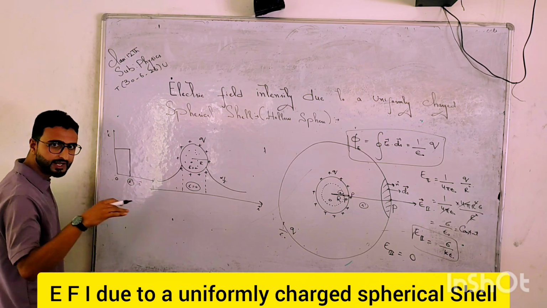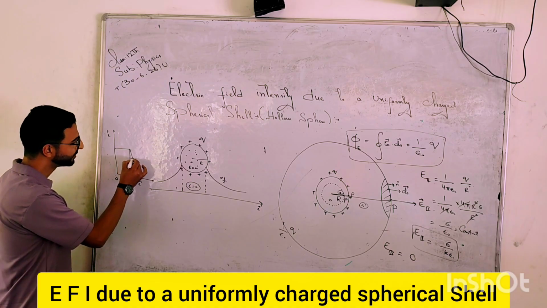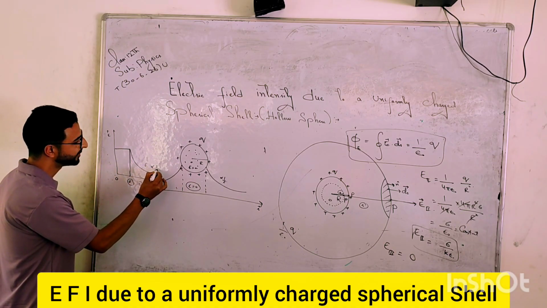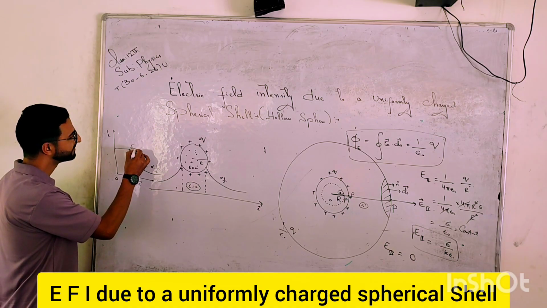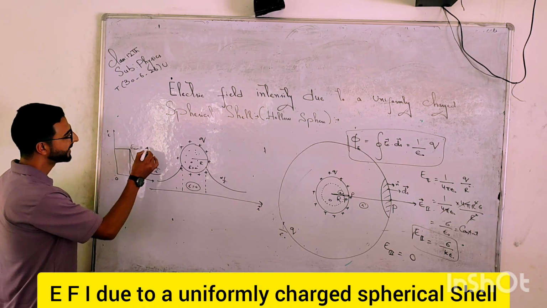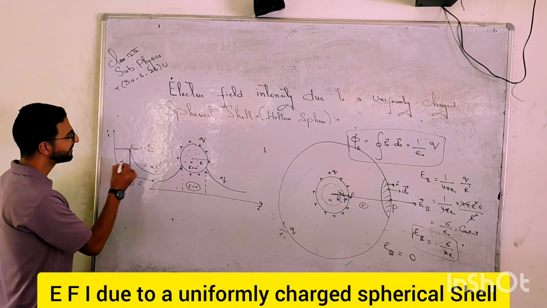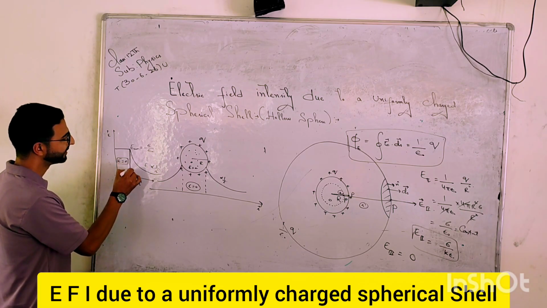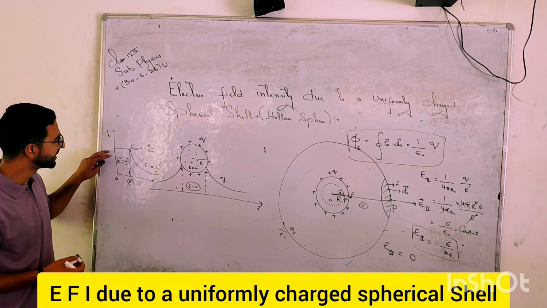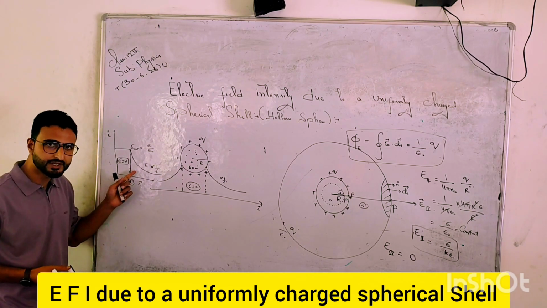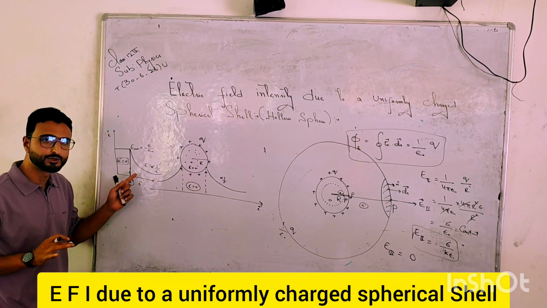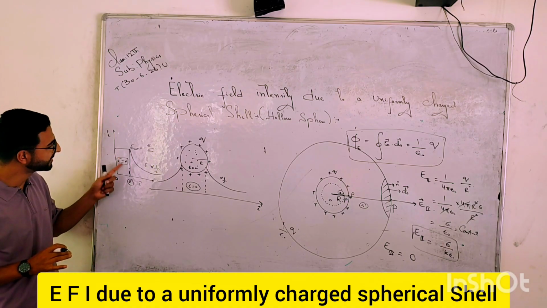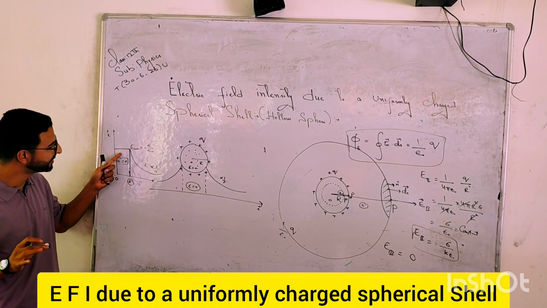Now, when point P lies outside the shell, electric field goes on decreasing like this. So here E is inversely proportional to R square. Here E is maximum, and you already know maximum electric field is equal to sigma by epsilon naught, and electric field inside is basically equal to zero. You got it? So this is the graphical representation of electric field intensity due to a spherical shell. So in this very portion, at all points within the spherical shell, electric field is zero because Q is equal to zero.